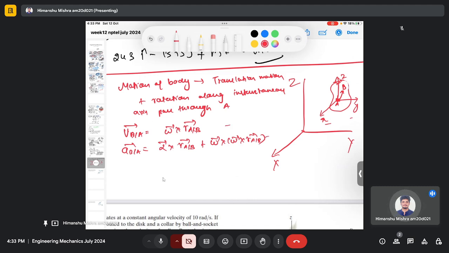So it was a similar formula that we have used in the previous problem.